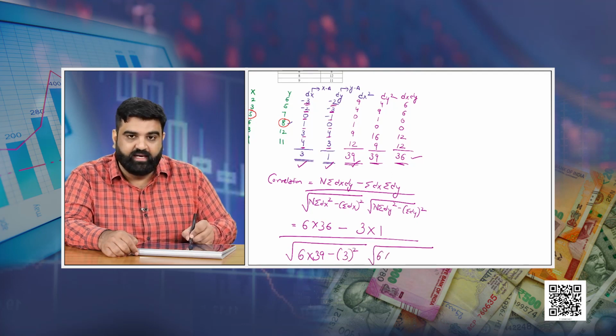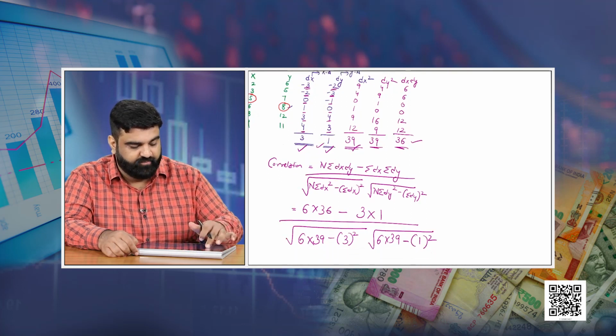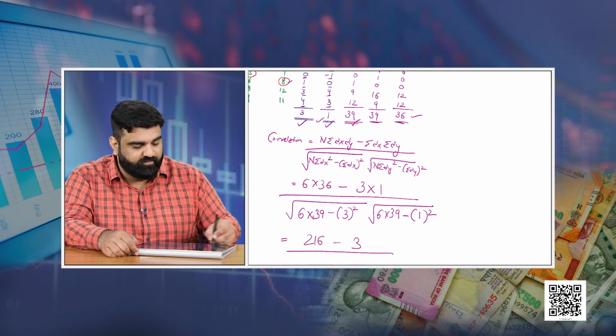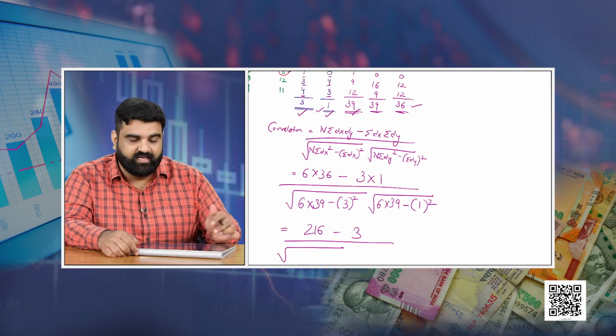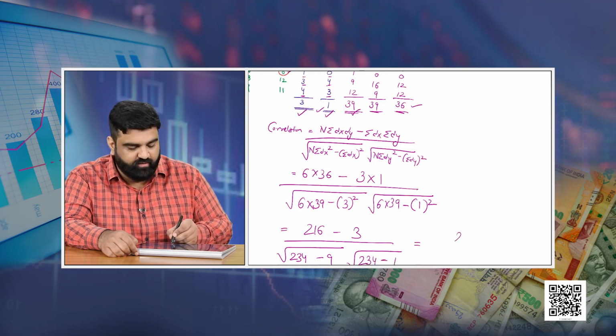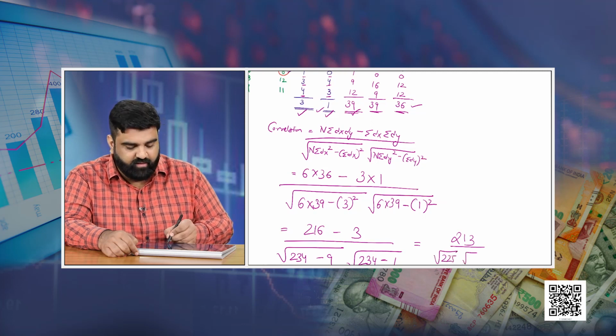Similarly, 6 into 39 minus sigma dy was 1, so 1 square. So, this will be 216 minus 3 upon 6 into 39 is 234 minus 9, and this will again be 234 minus 1. So, we have 213 upon root 225 into root 233.